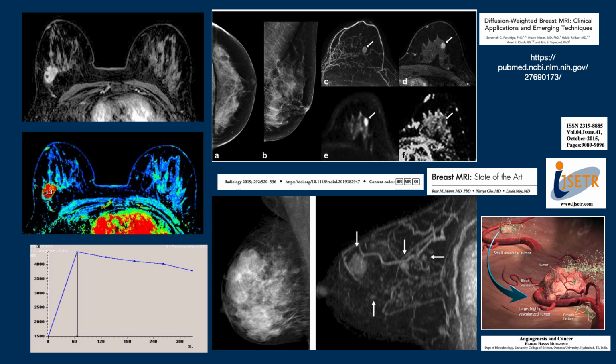What does functional mean? In MRI, the dynamic sequence images can be interrogated using specific software to produce maps such as this one, called a wash-in map, in which different colors are assigned depending on the speed of enhancement of the lesion. Or this one, a time intensity curve, in which the second part evaluates how quickly the contrast medium is removed from the lesion.